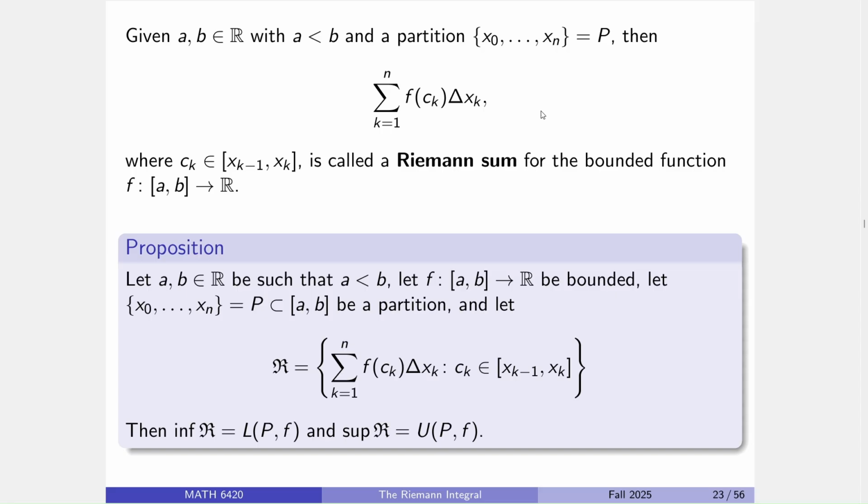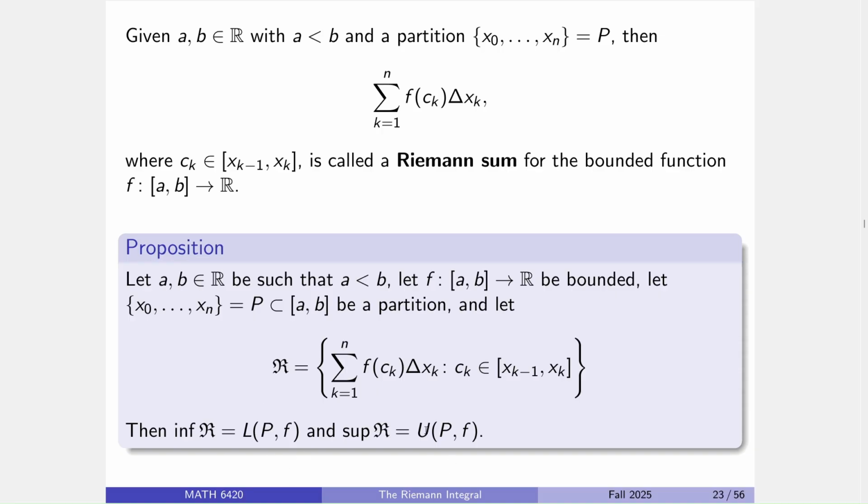All right, but let's now connect these traditional Riemann sums to the Darboux sums we've been working with. Take a function, take a partition, and then we'll look at the collection of all possible Riemann sums that you can make. These are the Riemann sums where I'm just going to pick any random points, and the infimum of all possible Riemann sums for a partition is, in fact, the lower Darboux sum.